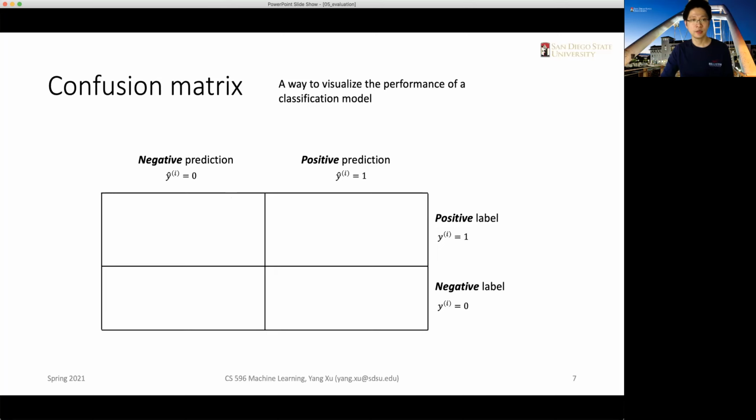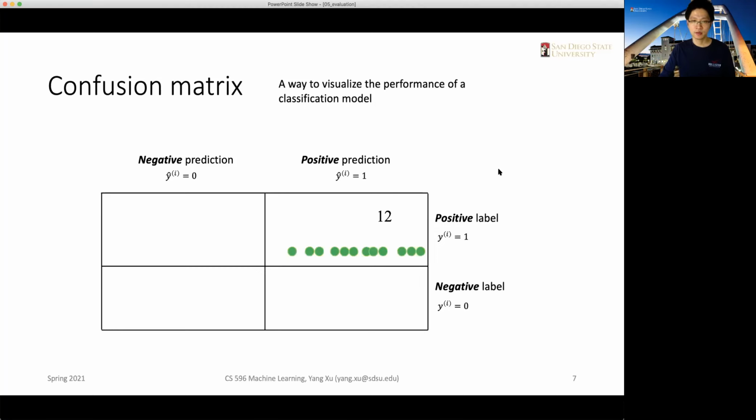Okay, so that you see the difference. We have two dimensions, right? The row dimension uses the ground truth, but the column dimension is the separation using the predictions. In that way, we can split all the data points into these 4 sections or 4 regions.